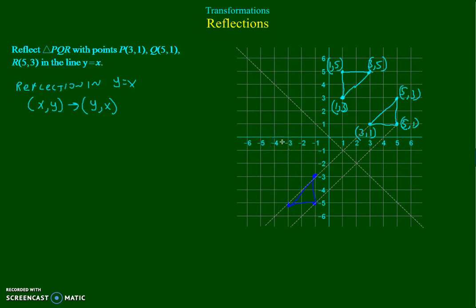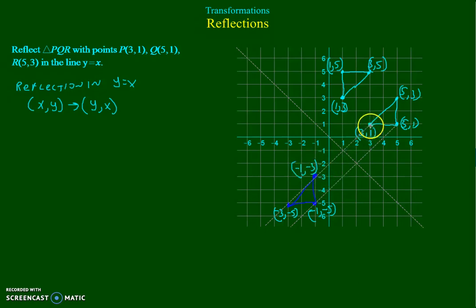So this point down here is -1, -5. This point is -3, -5. And this point is -1, -3. So let's take a look at what happened here.